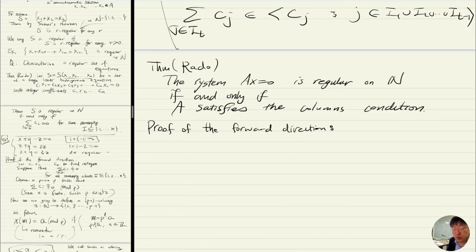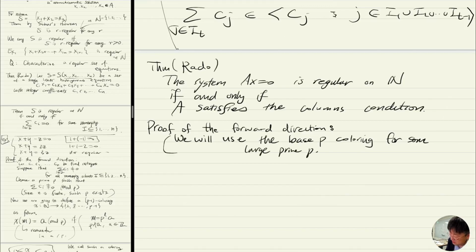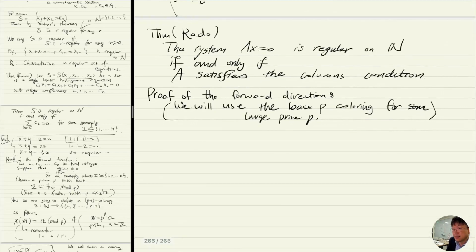It turns out that we use the same kind of coloring, with some large prime P. So this is the same technique that we're going to use. Right? So let me start with the lemma.